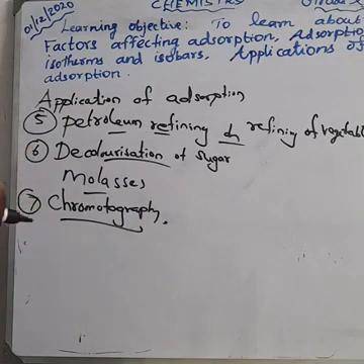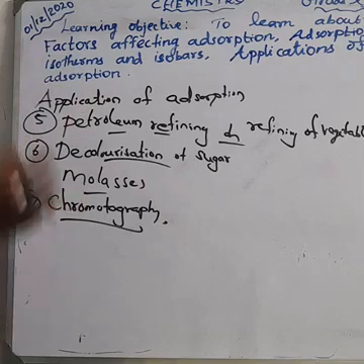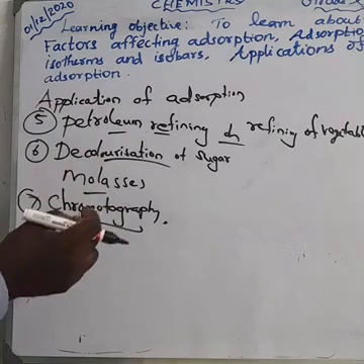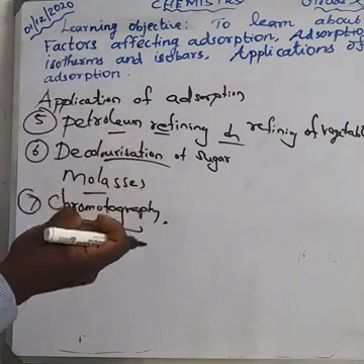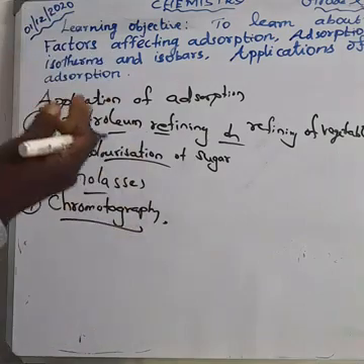This separation may be a macro amount or a micro amount. Whatever the amount, it should be separated by means of adsorption. This is very effective and used for identification.